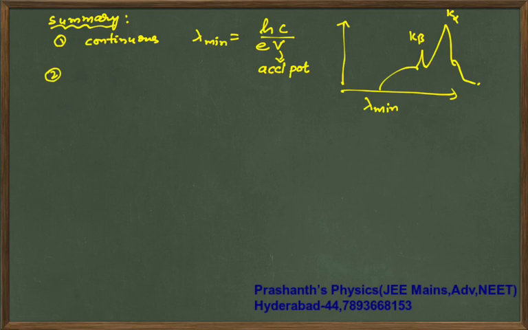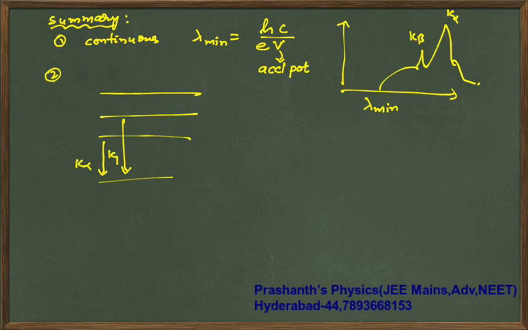Next, for characteristic X-rays, this graph you should remember: K alpha, K beta, K gamma, then followed by L alpha, L beta, like this.